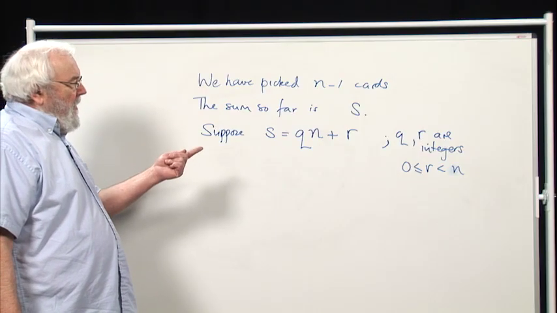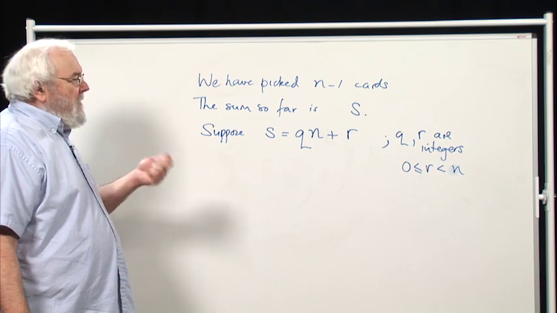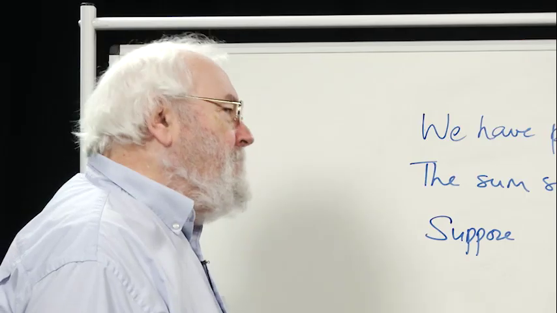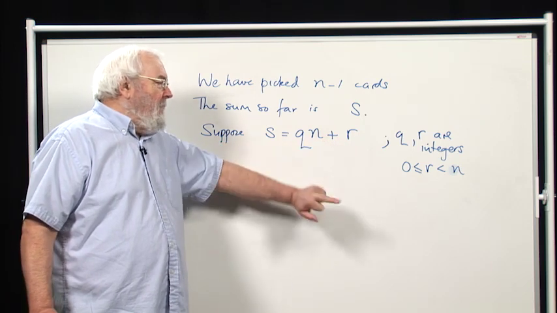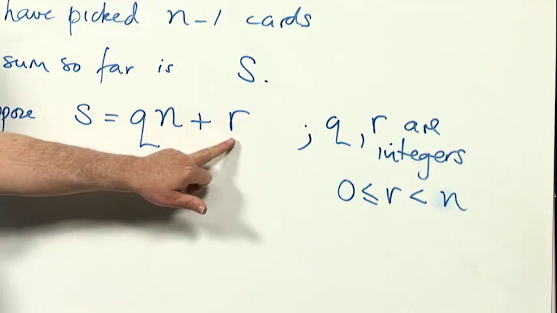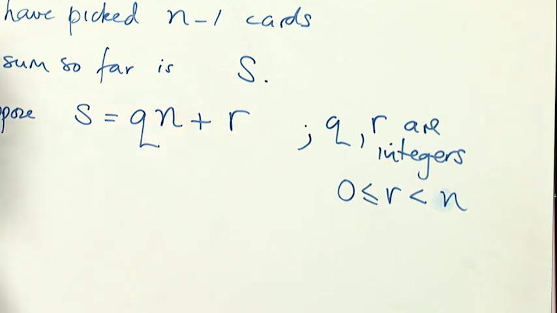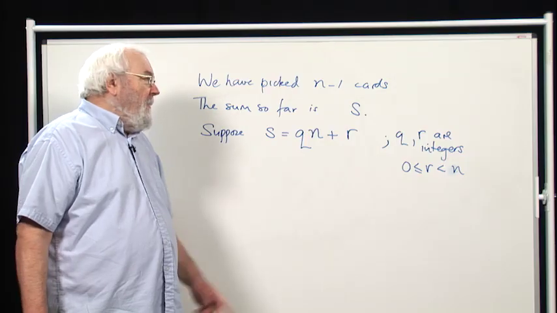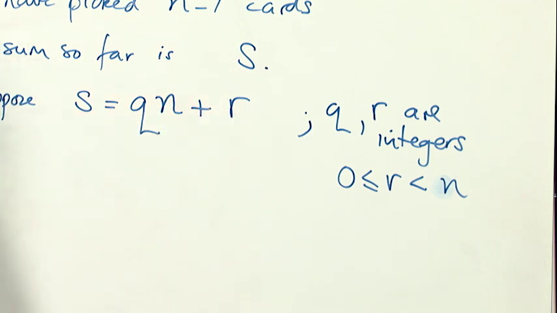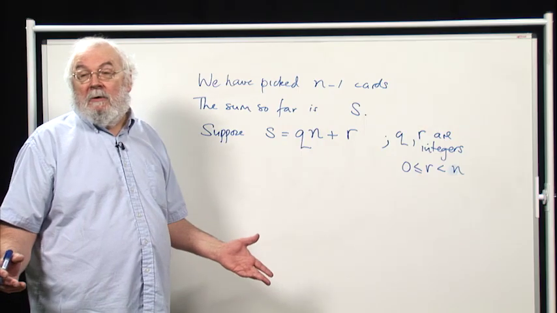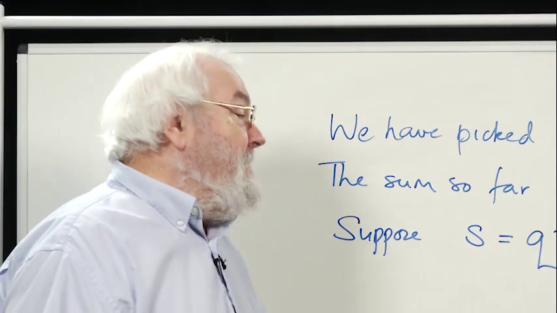Now I want to pick an nth card so that I get a multiple of n. So it's important that I add to this sum a quantity which is n minus r more than a multiple of n, because when I do that, r plus n minus r will be n, and everything inside will be a multiple of n. Right, that's the plan.